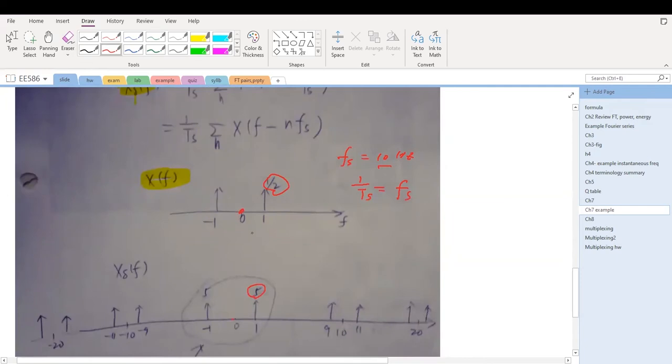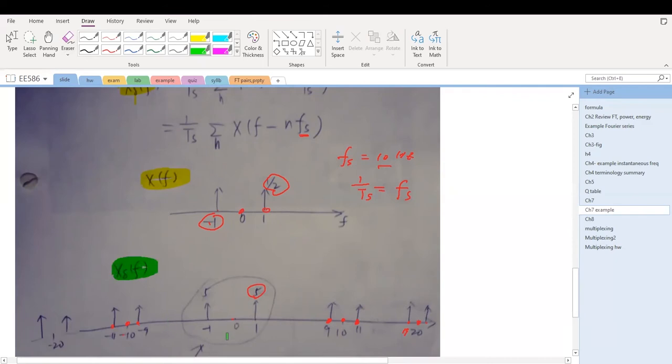And the next copy is this spectrum moved to Fs. So Fs, that's 10. So minus 1 becomes 9, and 1 becomes 11. And there's another copy at 2Fs, that's at 20 Hz. This is 19, and this is 21 here. And at the negative frequency, at negative 10, here's negative 9, this is negative 11 Hz.